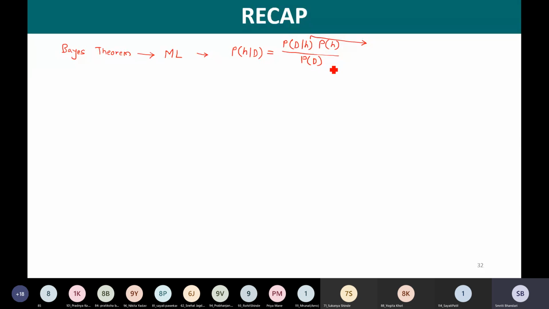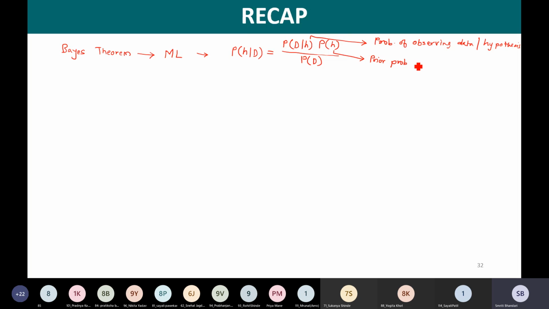Probability of D given H is the probability of observing data given some hypothesis H. What is this probability of H?